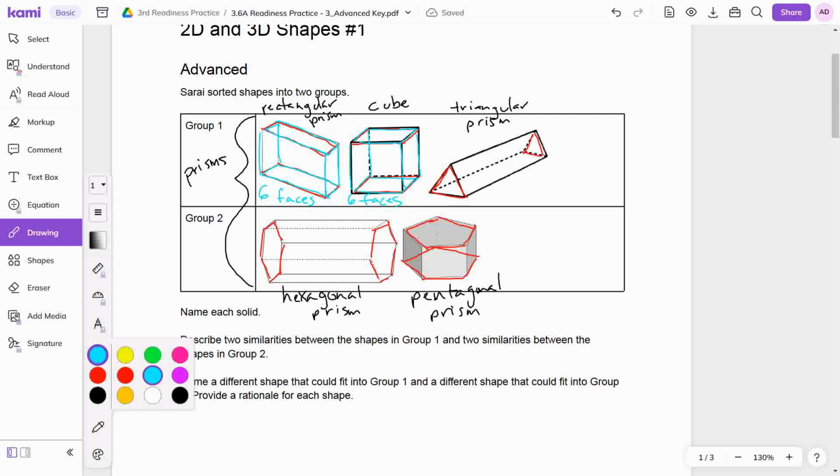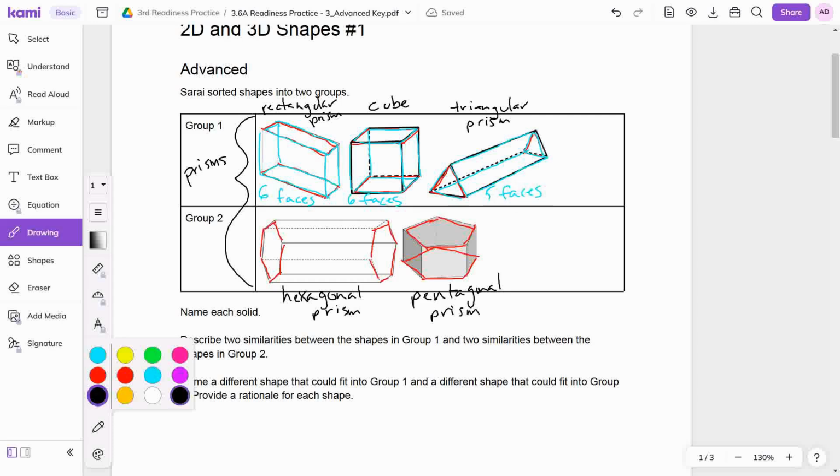They're just all squares. Now, this has got 2 triangular bases. And then it's got 1, 2, 3 connecting faces because each base is a 3-sided shape. So my 2 bases plus my 3 connecting faces make 5 faces.